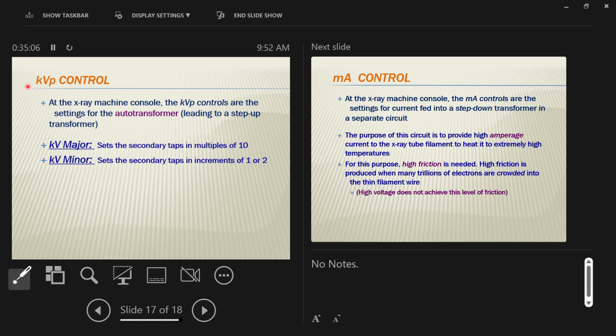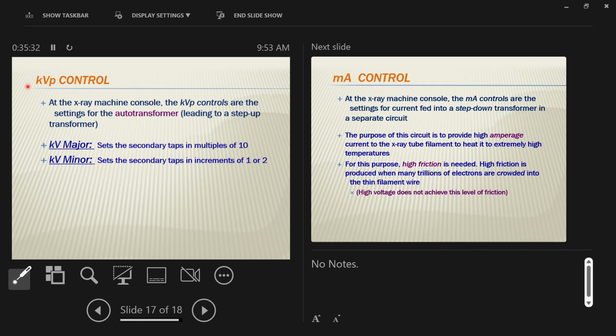P can be interchanged, but sometimes we just say kV, okay? Kilovolts. Kilo means 1,000 of something. Okay, so if something weighs 1 kilogram, then it weighs 1,000 grams.